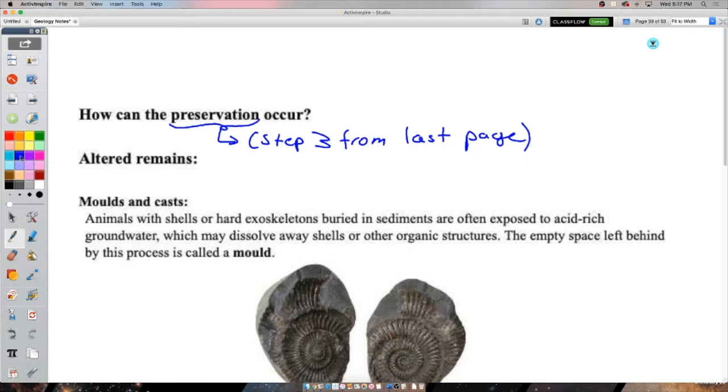Remember, altered remains do show you the structures of the organism, but you're not literally looking at the organism, right? It's been preserved. The shape of it has been preserved. So it's a little bit like a photograph, right? If you saw a photo of me, you would say, yeah, I'm definitely looking at a preservation of Mr. Maxwell, right? But I can't touch him. If I touch this photo, I'm not actually touching his face, right? That's kind of the idea with altered remains.